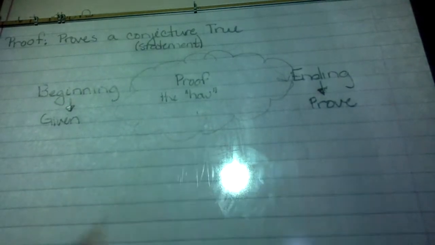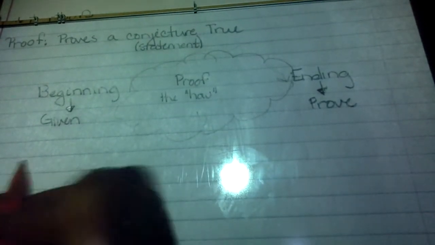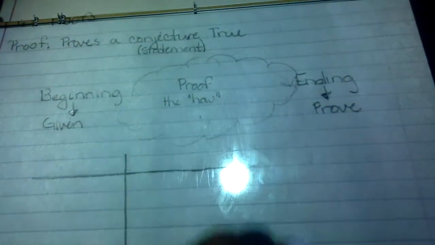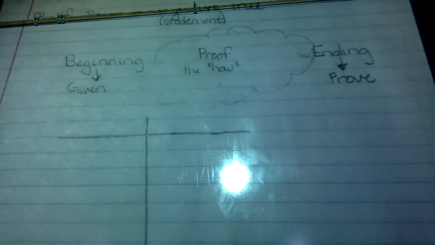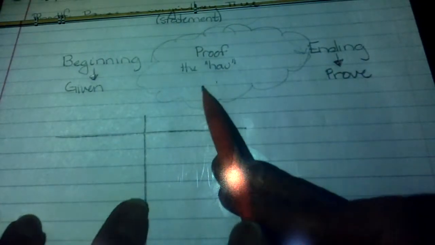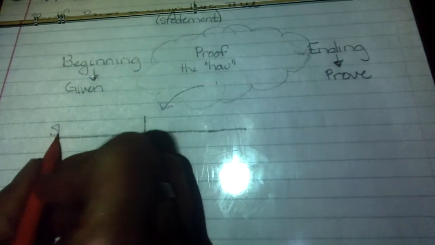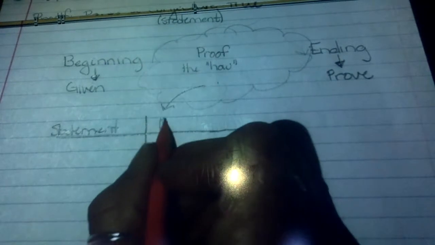All right, so this is what we're up against. Here's what it looks like. We're going to do something called a T-chart for every proof we ever write. So the proof, our how, will come in a T-chart form. This is called the statement section. And this is the reasons section.